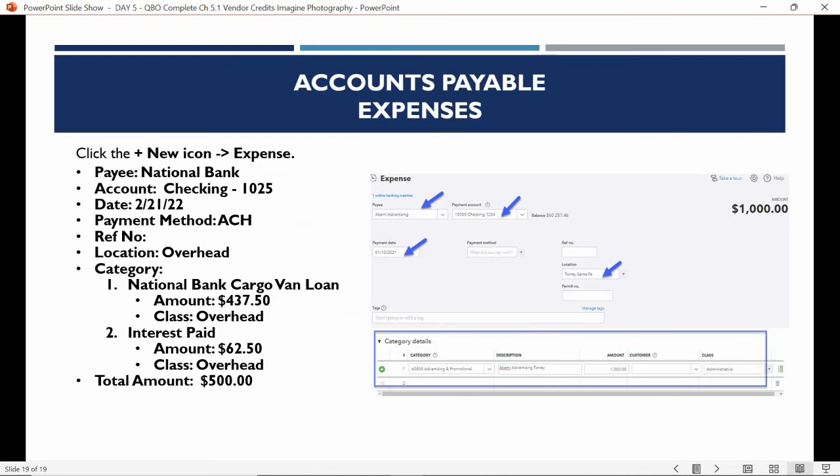From whoever you borrowed the money from. In this case, National Bank is who we borrowed it from. And they're going to give you your records, your statement that says, hey, you have a loan, here's how you're going to pay it. This is the interest that you got charged for the month. This is the amount of payment you have to pay every single month, and so on and so forth.